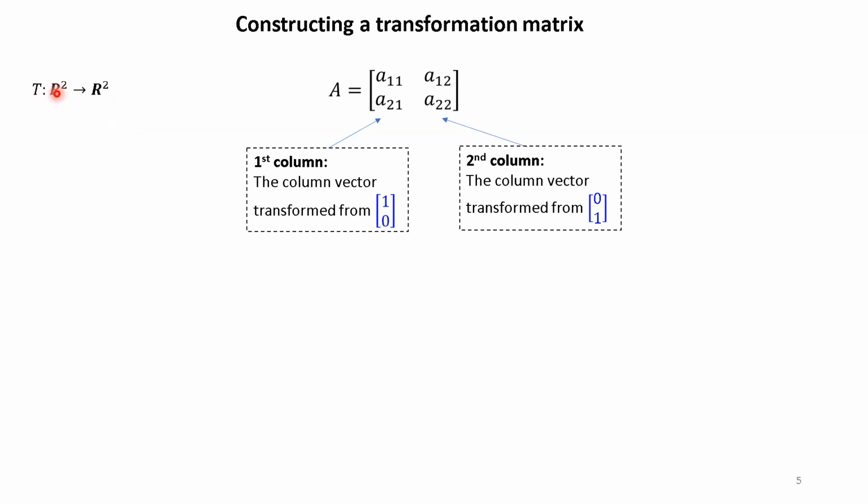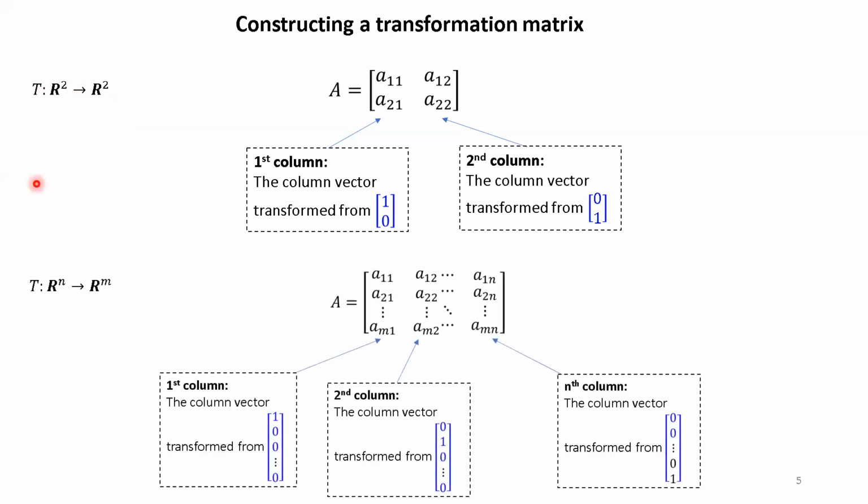Although we are not going to do this general case a lot, I just want to also tell you that in general, if you take an n-dimensional vector and do a transformation, it becomes another vector in the m-dimensional space. Then that transformation matrix will look like an m by n matrix.